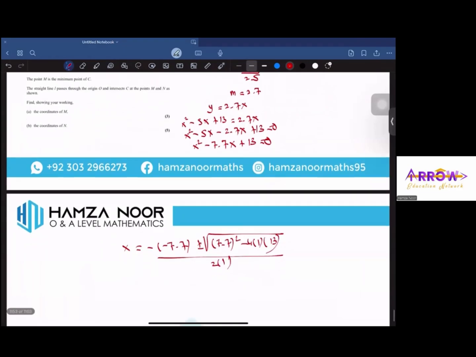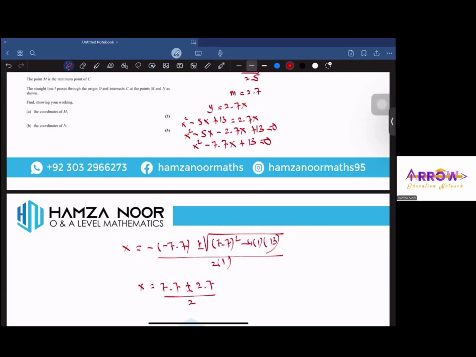When you are using the quadratic formula, you need to show this step at least. So x is equal to 7.7 plus minus what? Inside the square root you have b squared minus 4ac. So what is the value of b squared minus 4ac? This is 7.29 and the square root of 7.29 is 2.7. And then completely divided by 2.